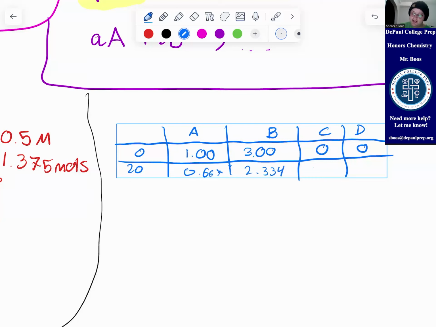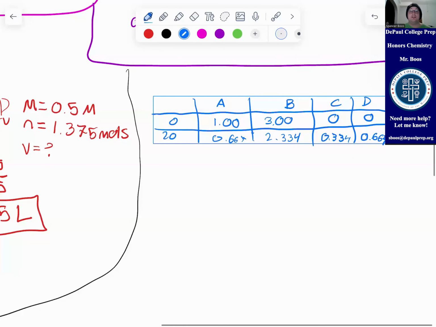We could say that C is 0.334, and we have D being 0.664 or 667, sorry. So for the average rate of the reaction, you look at 2 points in this table and determine the rate of the reaction from there, the average rate.